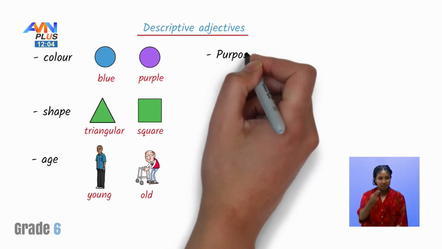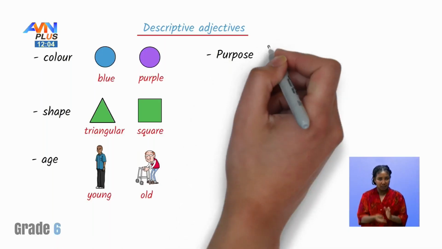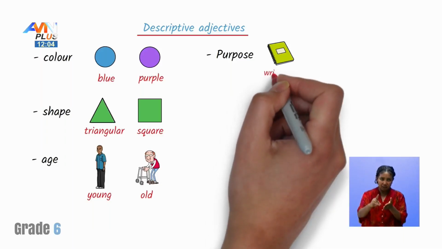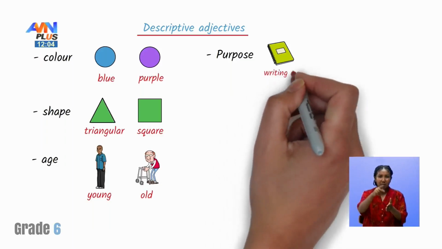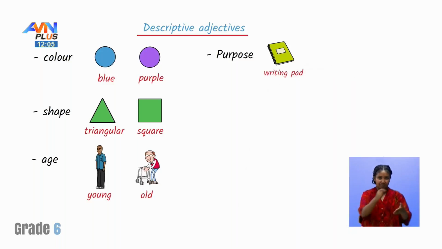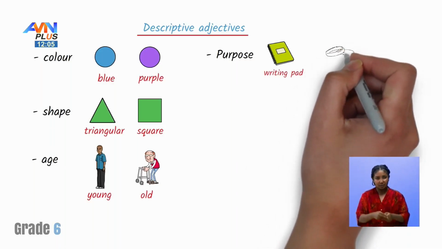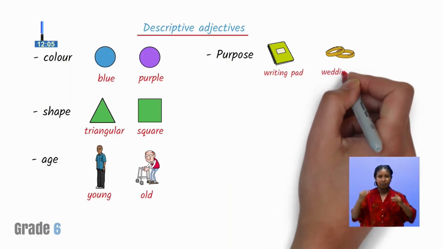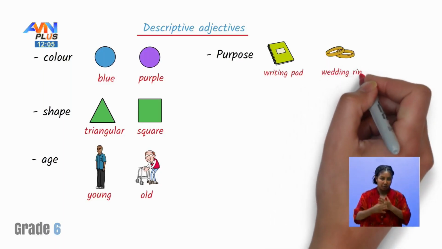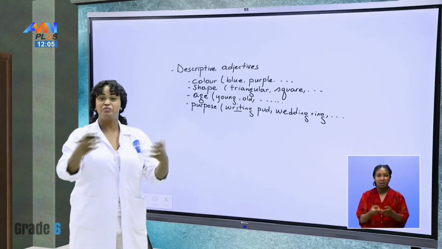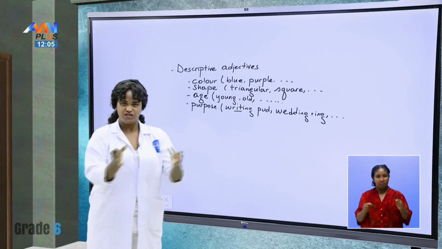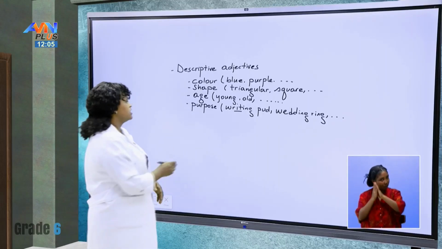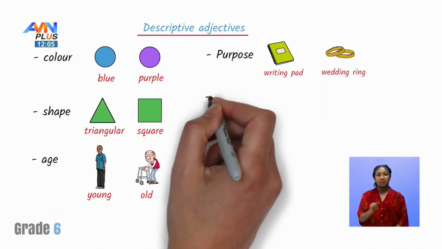For example, you can say a writing pad. What kind of pad is it? It is what? A writing pad. Or you can say a wedding ring. Yeah? Wedding ring. What kind of ring? A wedding ring. Yes? Or you can say sleeping bag. What bag? Sleeping bag. The purpose of the bag is what? For sleeping. Yes?